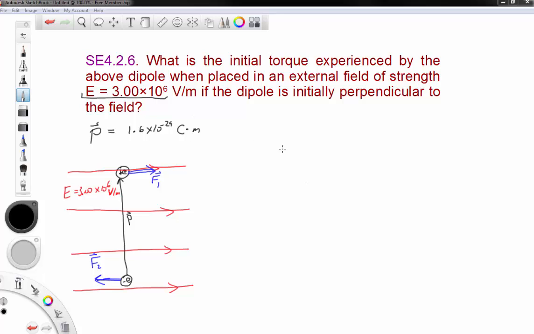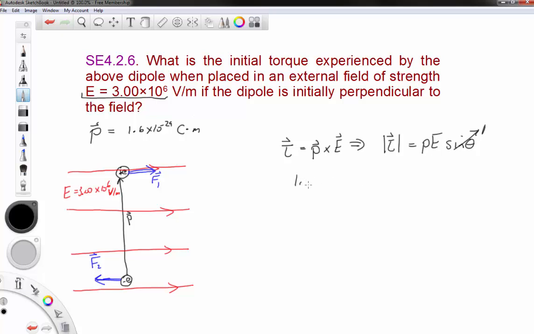So therefore we can use that the torque is equal to P cross E. Since these two are perpendicular, that means that the magnitude of the torque is equal to P times E, and this sine of theta term basically is 1.